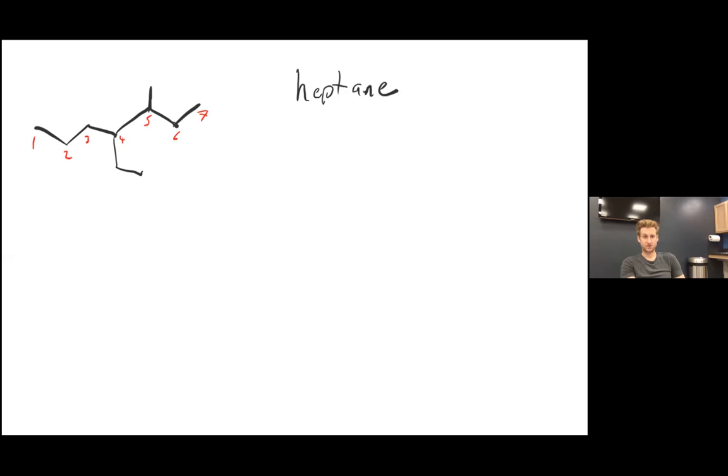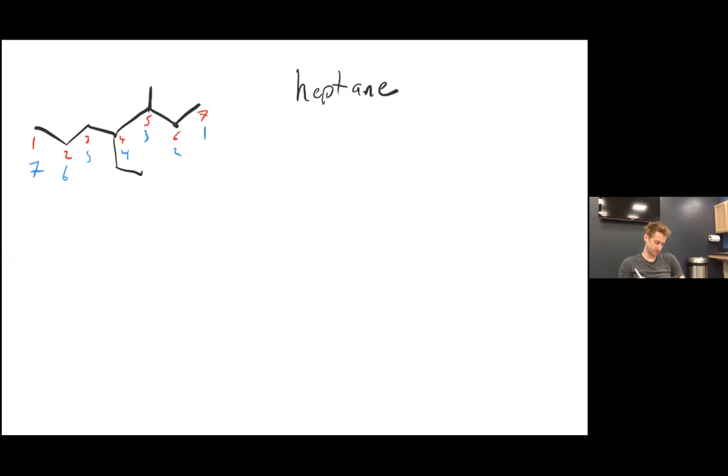Now we have 2 different substituents on it. So we currently have left to right written down. We need to write in right to left. So 1, 2, 3, 4, 5, 6, 7.